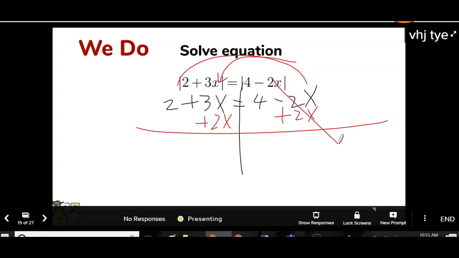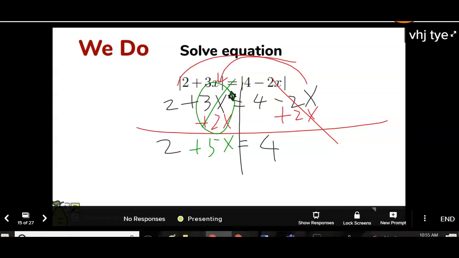So this is gone. And on the other side, you see you have the like terms, combine them, which give you positive 5x, and bring down whatever you haven't touched. And keep solving this simple equation.